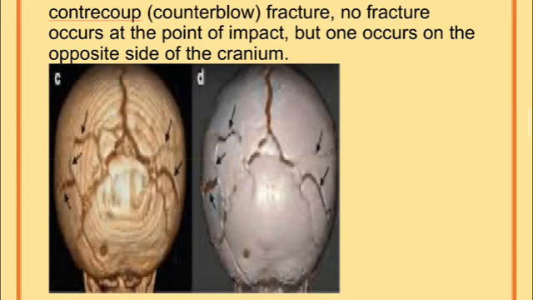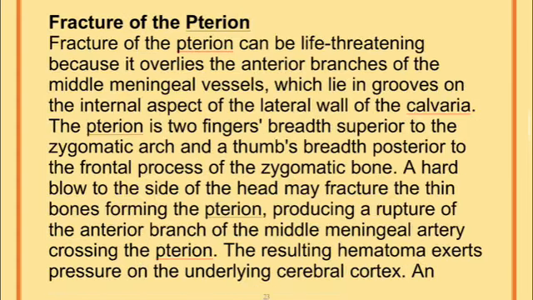You have what we call a counterblow fracture. So in a counterblow fracture, no fracture occurs at the point of impact, but one occurs on the opposite side of the cranium.